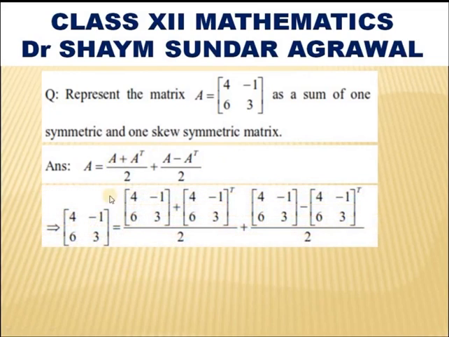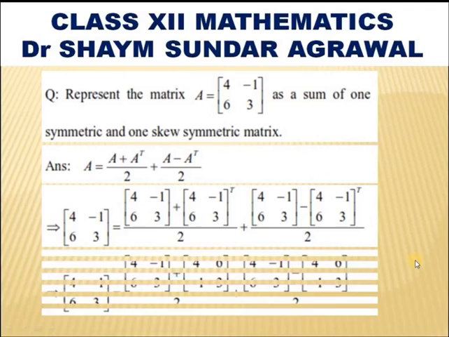So, by putting the values, matrix A as [4, -1; 6, 3] equals ([4, -1; 6, 3] plus transpose of [4, -1; 6, 3]) whole divided by 2 plus ([4, -1; 6, 3] minus transpose of [4, -1; 6, 3]) whole divided by 2.